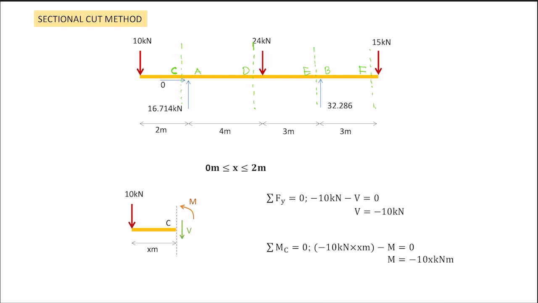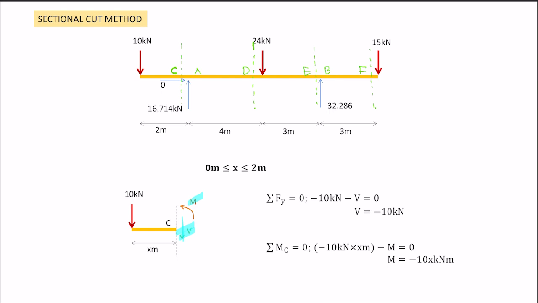Okay, look at the section yang saya put sampai C. That's the first one. And the boundary is X must be bigger or equal to 0 meter, but must be less or equal to 2 meter. So we have the reaction from the cut, which are the shear force and the moment. Total Fy equal to 0.